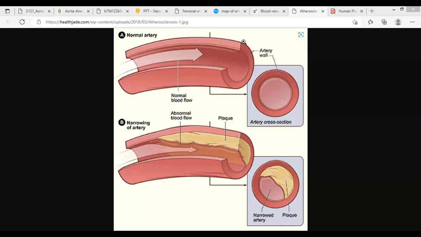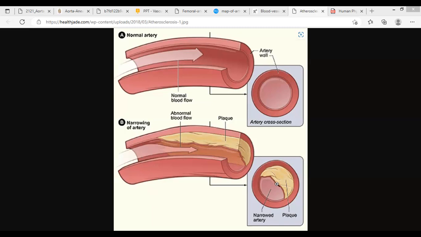When there's buildup of this plaque, the plaque can be stable or unstable. There are plaques that are stable, where it's not easy for them to rupture. And when I say rupture, I mean it breaking through the tunica intima.